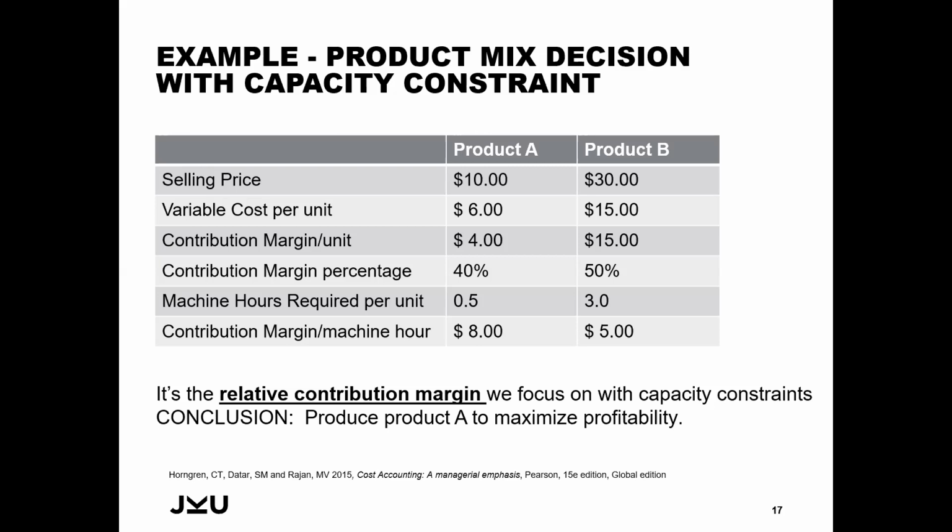So in order for us to choose which product we should first put into production or into the sequence, or which product we should try to produce most of within capacity constraints, we need to choose product A with the higher relative contribution margin, because in relation to the machine hours, I can make much more of product A and therefore gain a higher contribution margin, namely in this case of $24 in comparison to product B and to the $15 absolute contribution margin.